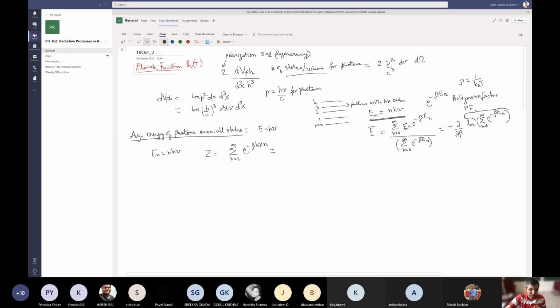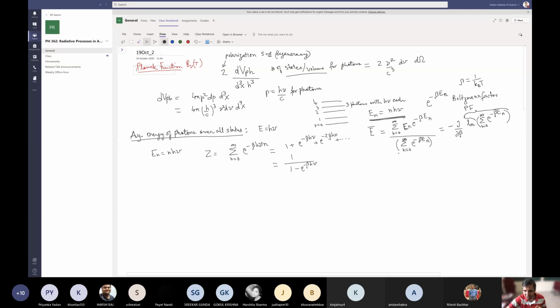So this is 1 plus e to the minus beta h nu plus e to the minus twice beta h nu, and so on. This is a geometric series with the ratio e to the minus beta h nu. So this sums to 1 over 1 minus e to the minus beta h nu, right? This is the sum of this geometric series.